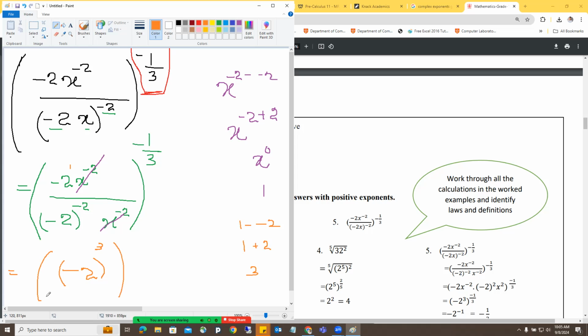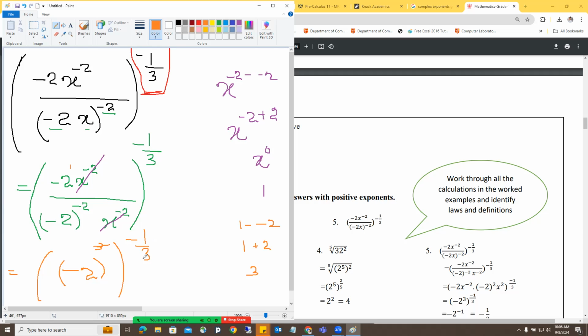Now we have to consider the outer power. Outer power is minus 1 over third. So outer power minus 1 over third means multiply the 3 and the minus 1 over 3.